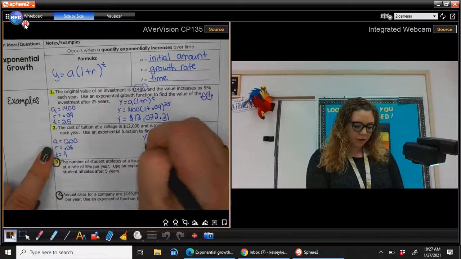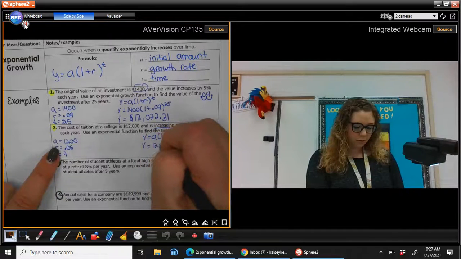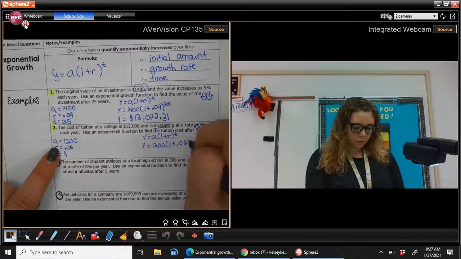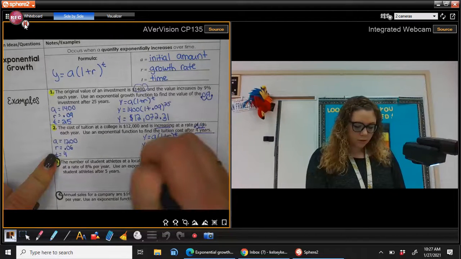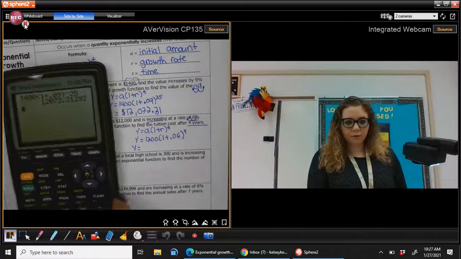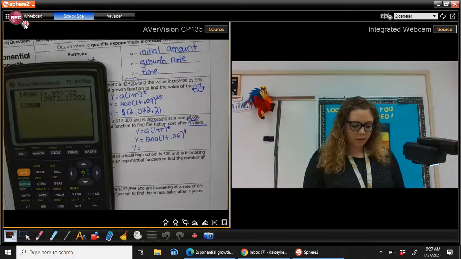Plug these into the formula. And now we're going to use the calculator to do it. We'll have 12,000, parentheses, 1 plus 0.06, close it.